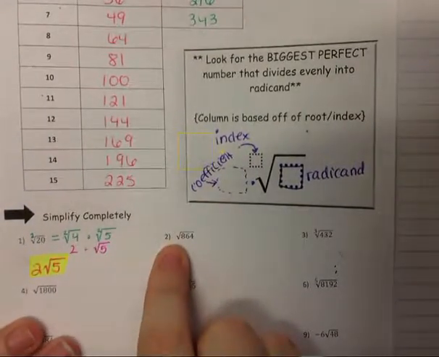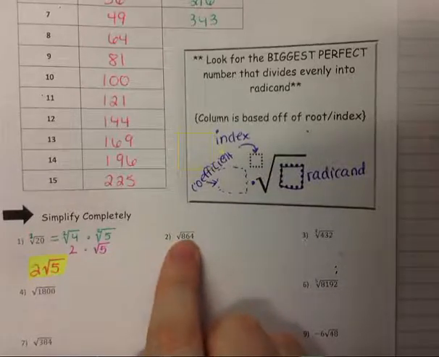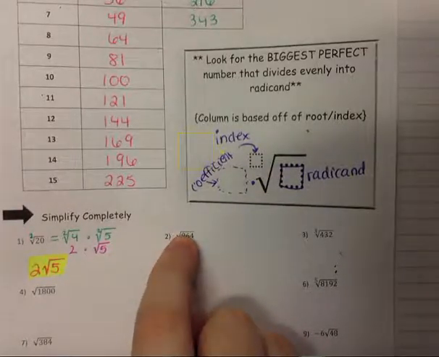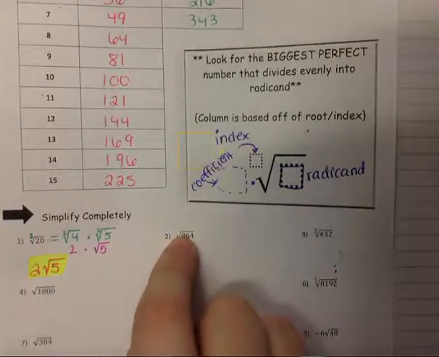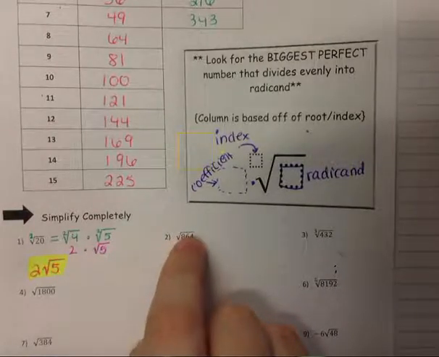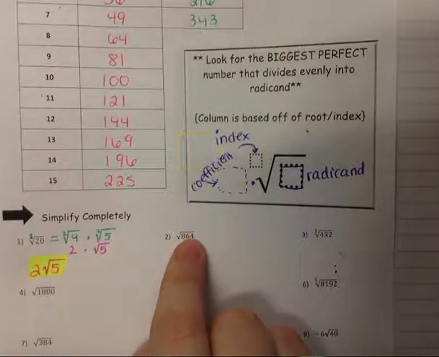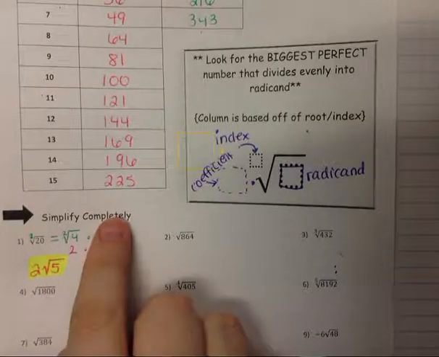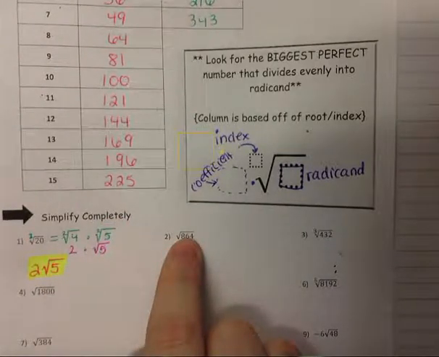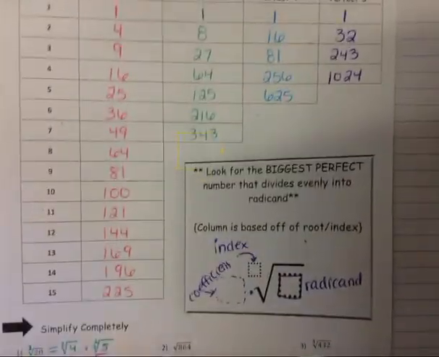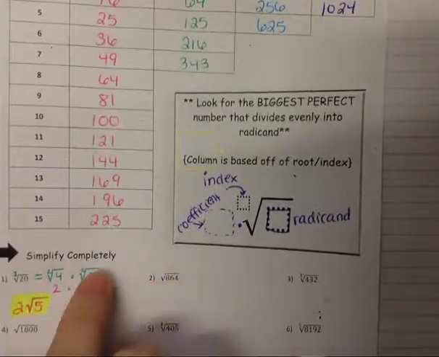So if we go to example 2, example 2 says, simplify completely. Since there is no number in the index, it is a square root of 864. So on this problem, we again look at our radicand. It's a square root, so we look into our perfect square column. 864.